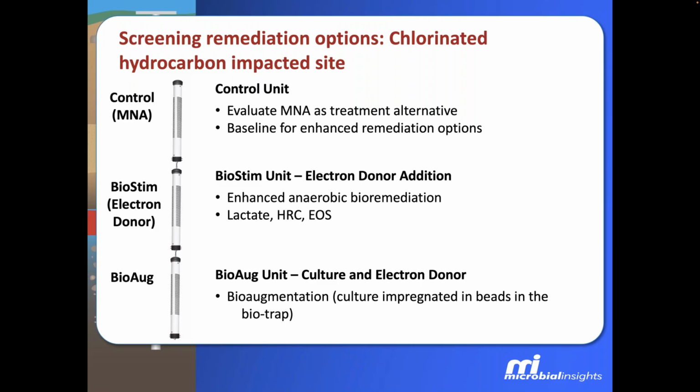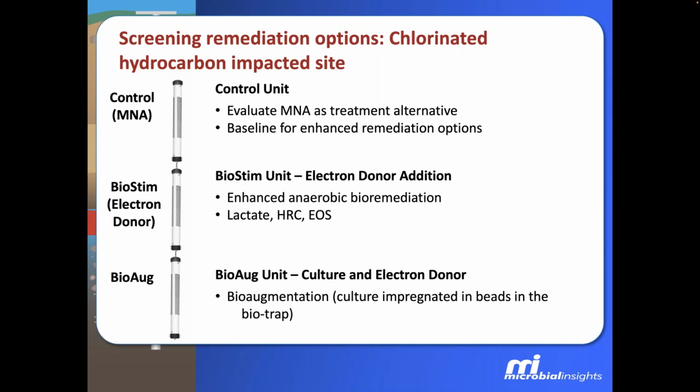One again would be a control. There would be no biostimulation amendment, no remediation amendment, no bioaugmentation. The second unit might be what we call a biostimulation unit, and this one would have some sort of electron donor supplied. And in the last unit, we've labeled here BioAug. The BioAug might be including a bioaugmentation culture as well as an electron donor.